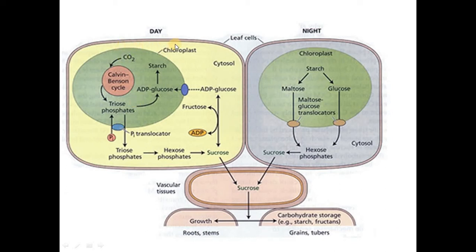Okay, so we said that in most plants, during the day, this is where we have in the chloroplast the electron transport chain on the grana, and then we have the Calvin cycle where CO2 is being absorbed, and in the end we will see that there are those triose sugars which are being accumulated.